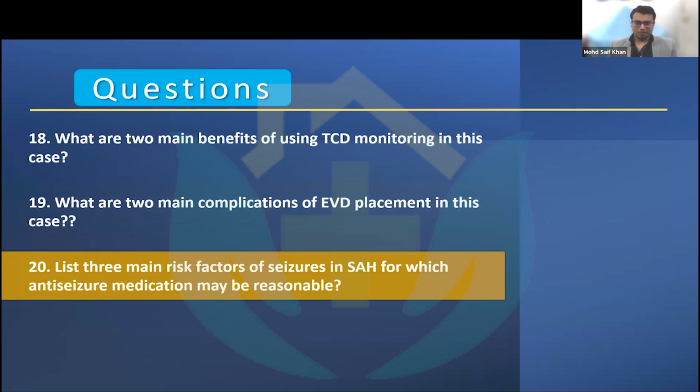Surgical clipping compared to coiling: if the patient has undergone clipping, there is a high risk of seizure, so you should start anti-seizure medication. The presence of intracranial hematoma and recurrent bleeding are also risk factors of seizures.